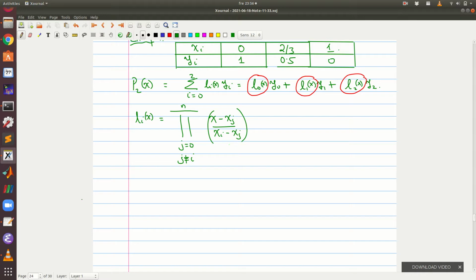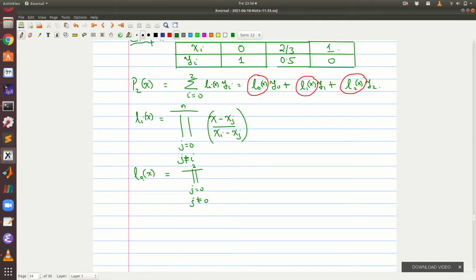If we have that, we can now say L0 of x is simply the product from j equals 0 up to 2. Remember, our n is 2 because we have a polynomial of degree 2, and our j is not going to take on the i value, which is 0.